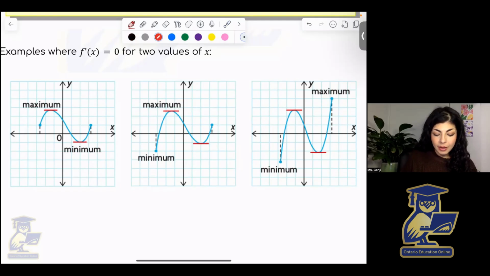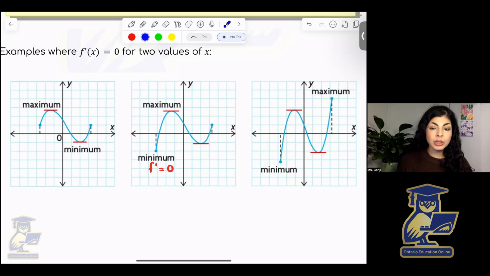That being said, we do not necessarily have a tangent here, because of our left-hand side and right-hand side limits. We can't necessarily define the derivative at that point because it is not defined in our domain. So we don't necessarily have f prime here equal to 0, but it is still our minimum. That's why you have to consider those endpoints, because sometimes the derivative won't actually give you the true minimum or maximum.